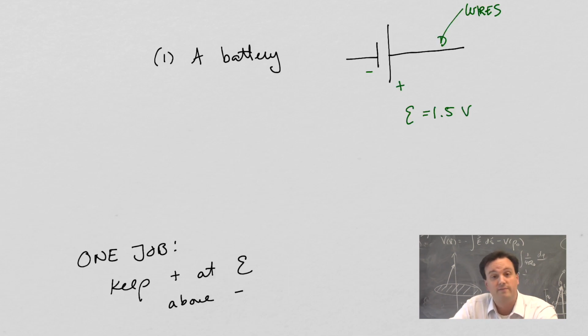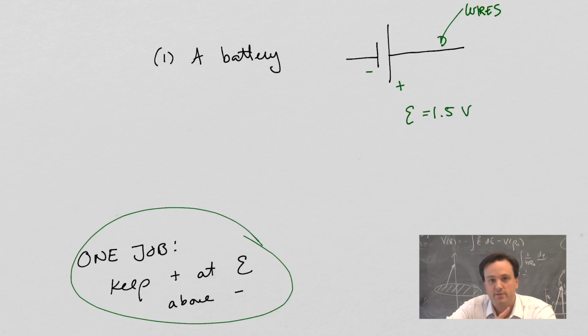So a 1.5 volt battery has a difference in potential across the terminals of 1.5 volts. And that is the only job of the battery, to keep that positive end 1.5 volts above the potential at the shorter end. And the only time a battery doesn't do that is when we make a mistake and we make it so the battery can't do that.